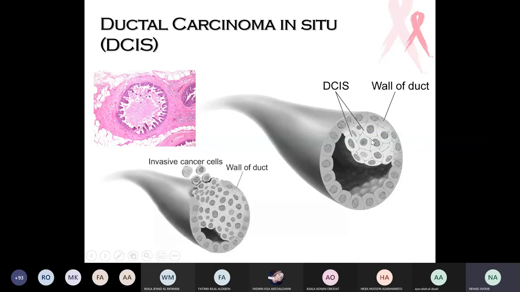We call this in situ carcinoma. In situ means it stays in its place.